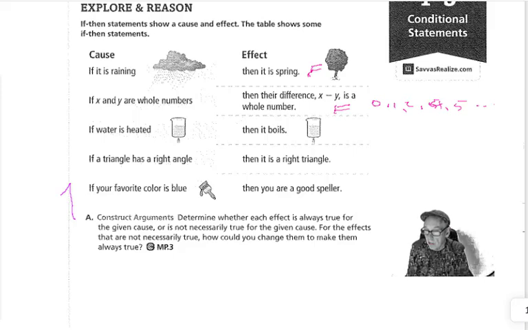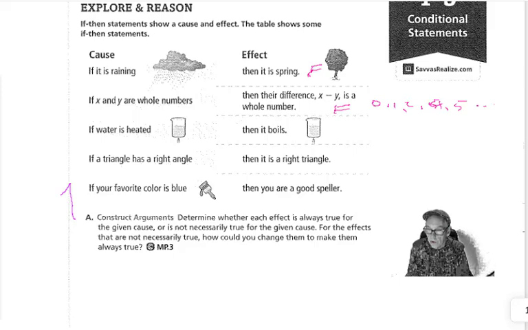If water is heated, then it boils. It all depends how high you heat the water. You could also heat water under pressure, or under less pressure. Water in Denver, which is a mile high, will boil faster than water at sea level, which is close to where we're at.